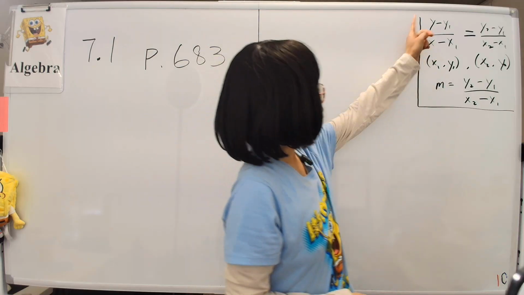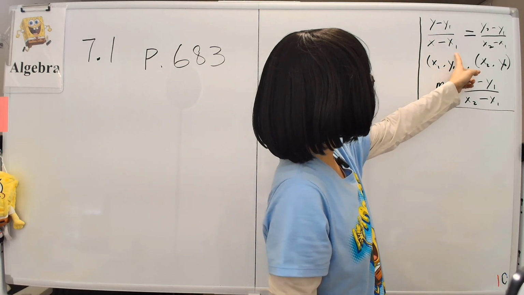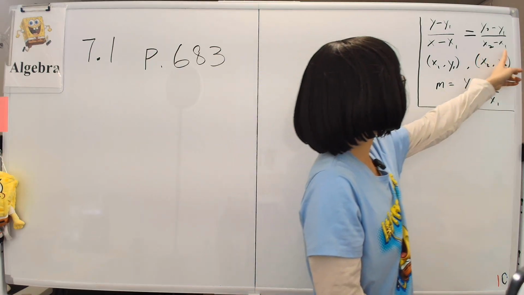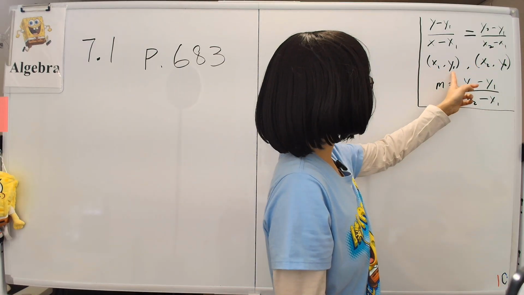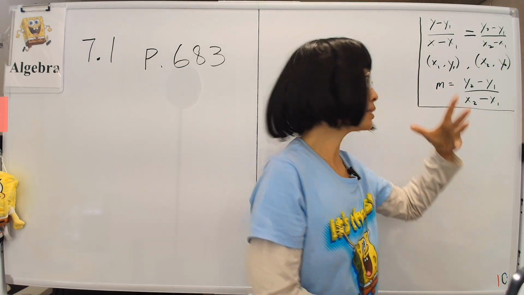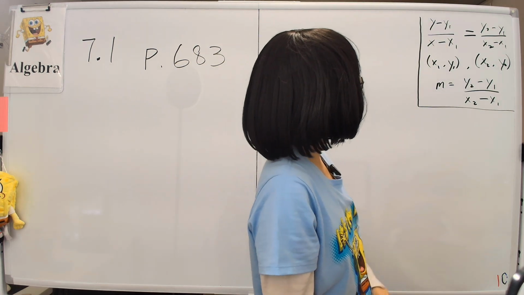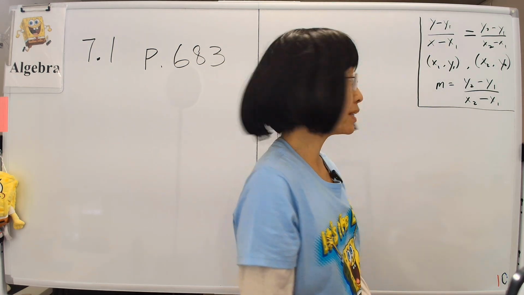The equation is y minus y1 over x minus x1 equals y2 minus y1 over x2 minus x1. Now x1, y1 and x2, y2 are all numbers, whereas y and x are the variables. That is called the point slope formula or something like that.